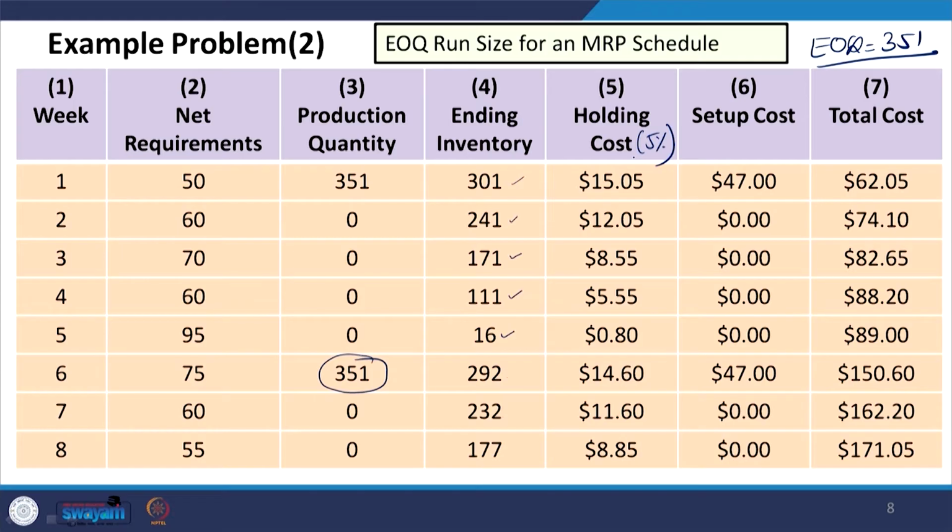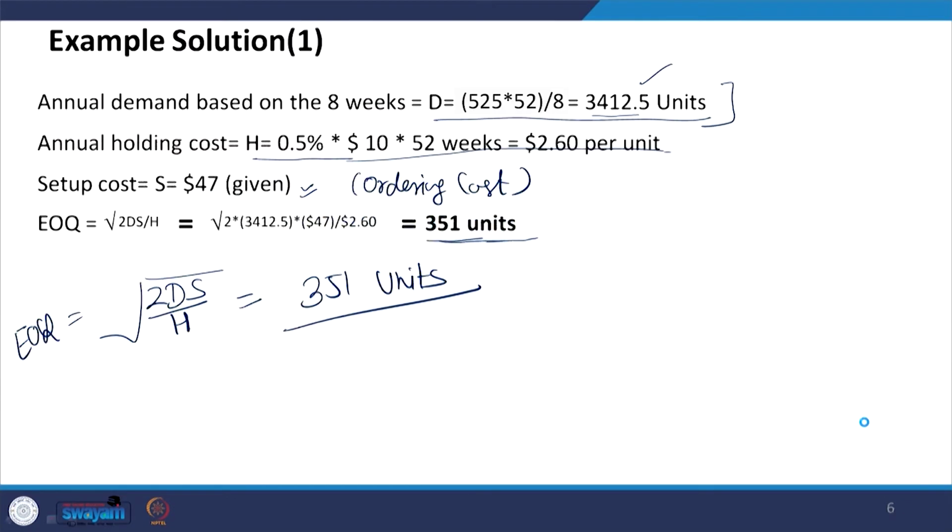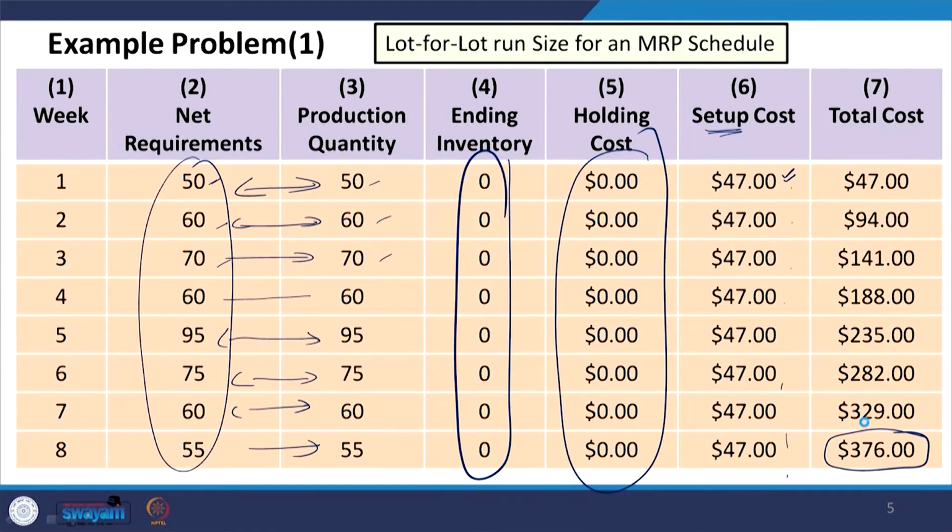Whenever I am doing a setup, I require a cost of $47. So, there are 2 times when I am doing the setup in the 8 weeks period. So, that is the setup cost. Now I can get the calculation of the total cost. This total cost is coming to $171 somewhere around that, and you recall it was $376 in the case of LOL.